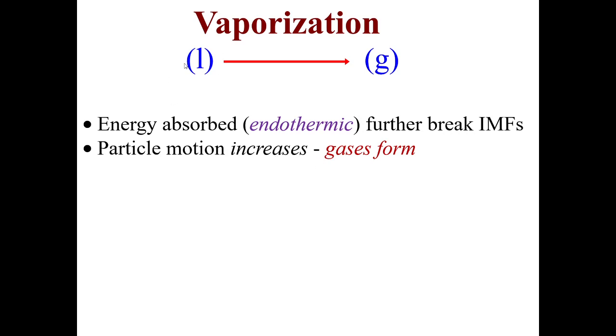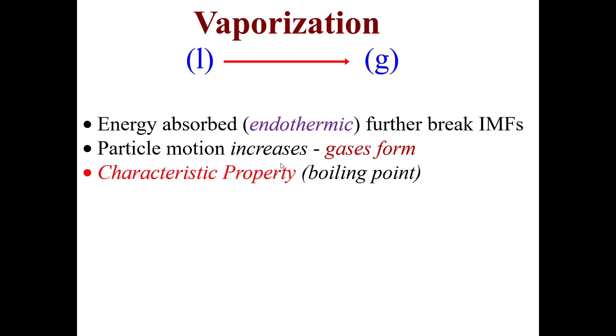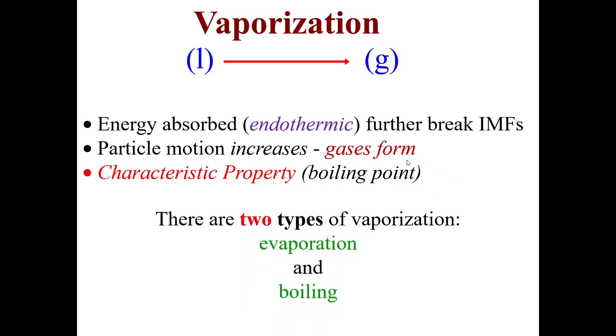Those water molecules, for example, as they move faster and faster, are able to escape that liquid form and actually go up into the atmosphere because they have enough energy to move around. So the characteristic property in this case is, of course, the boiling point, which again is unique for each substance.